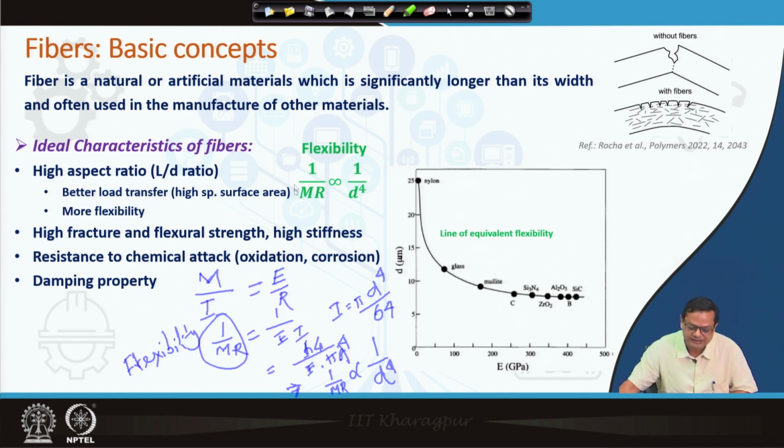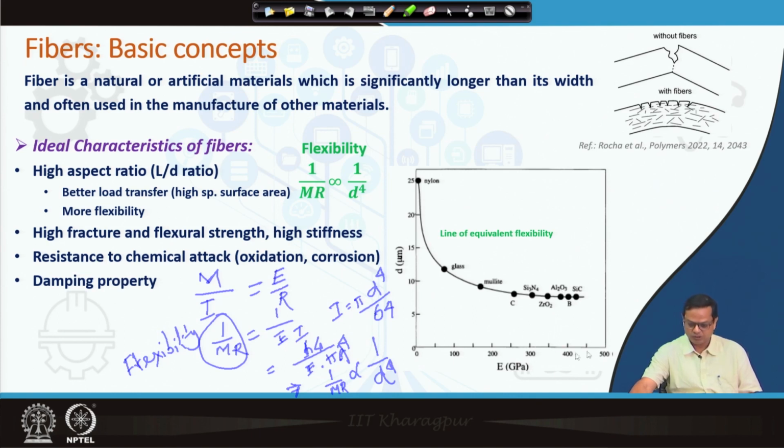So, the flexibility is proportional to 1 over d to the power 4, or in other words, the lower the diameter, the more flexibility. A nice graph has been shown here, where the flexibility of different materials has been compared. This particular line represents the line of equivalent flexibility, that means along this line all materials have the same flexibility.